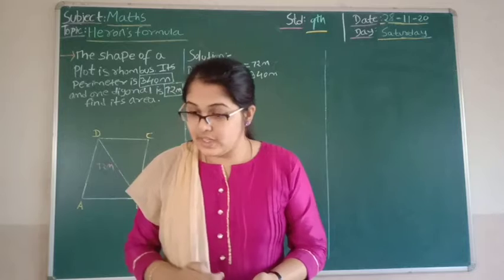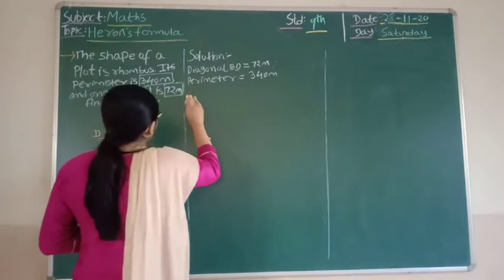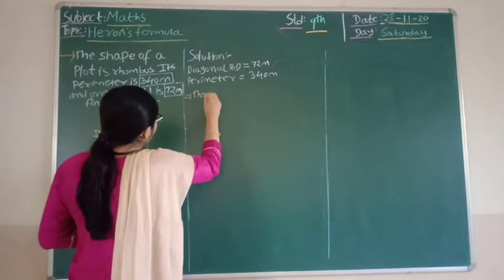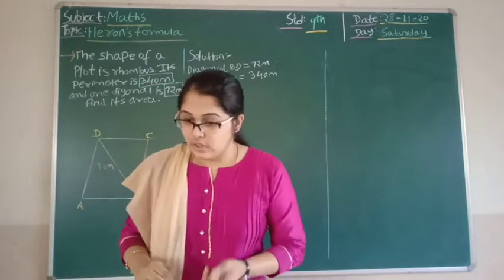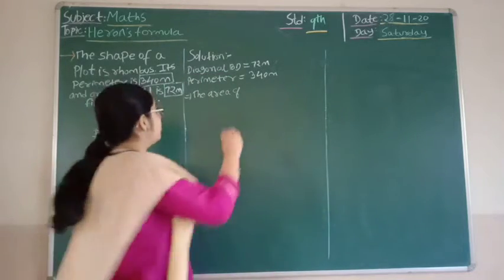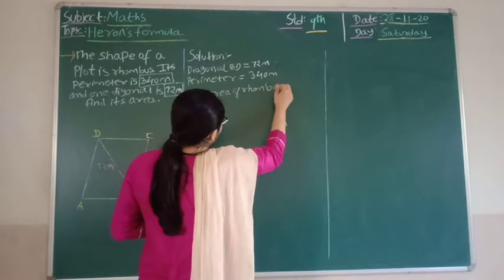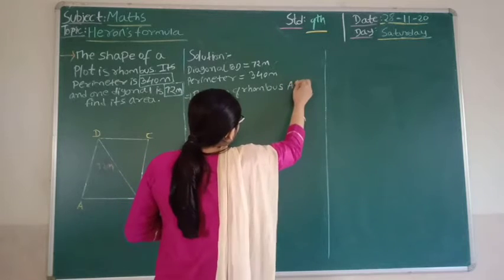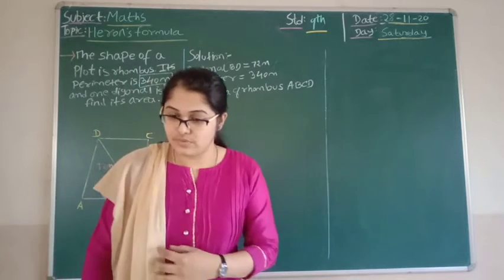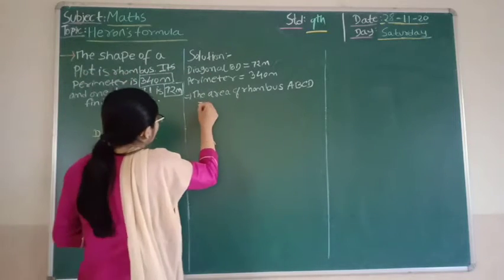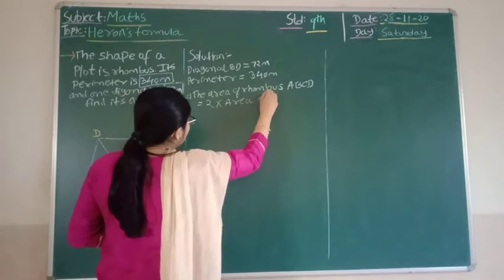So we can say the area of rhombus ABCD is equal to 2 into area of triangle ABD.